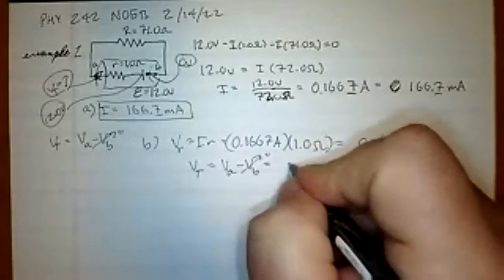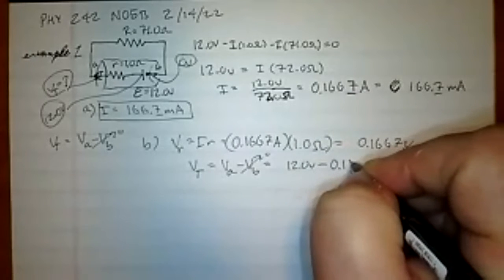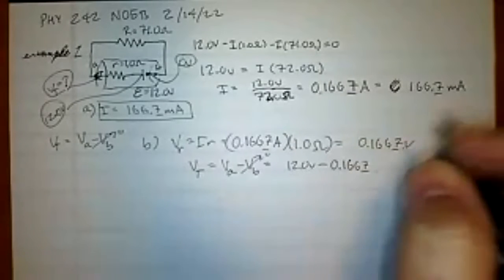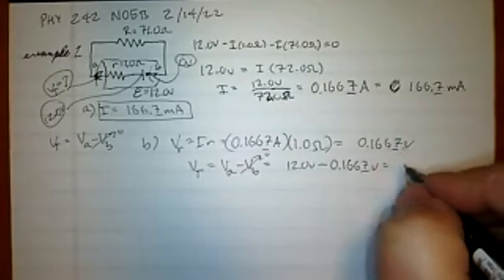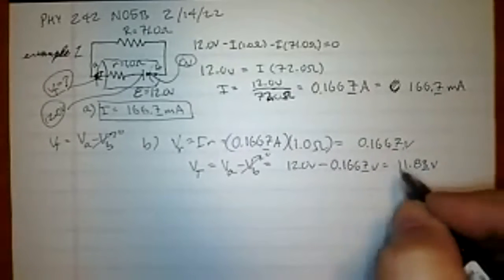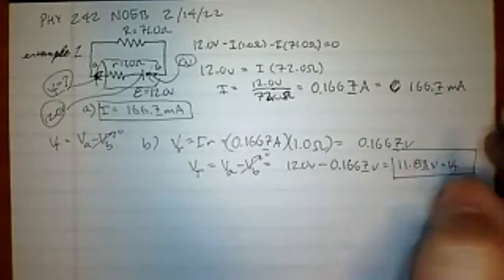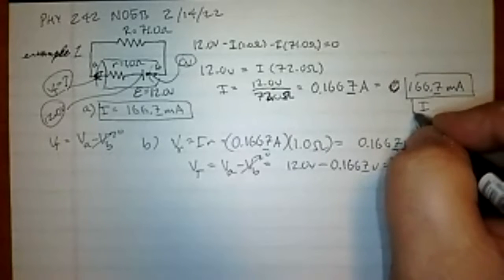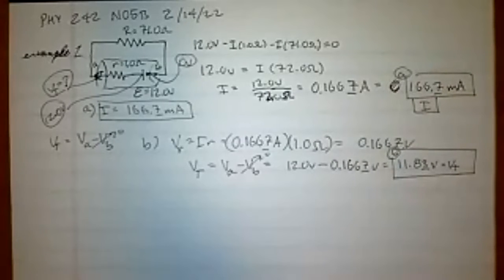The VA is going to be 12.0 volts minus 0.1667 volts, and I get 11.83 volts for that. So there's part A and there's part B. Does that make sense to everyone?